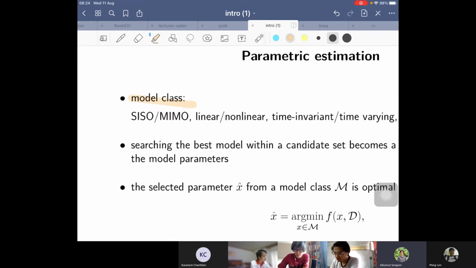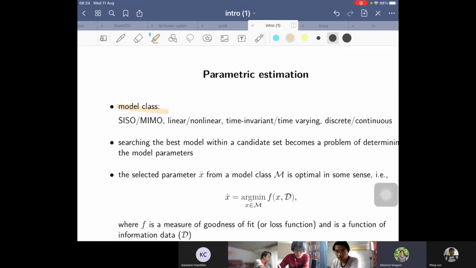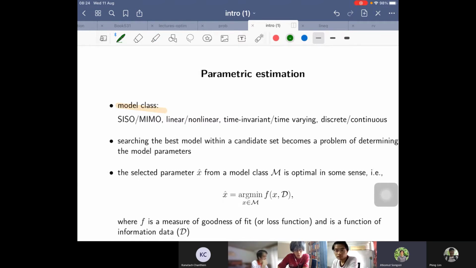A model class has many categories depending on how you classify it. SISO, MIMO: SISO is single input, single output, and MIMO is multiple input, multiple output.